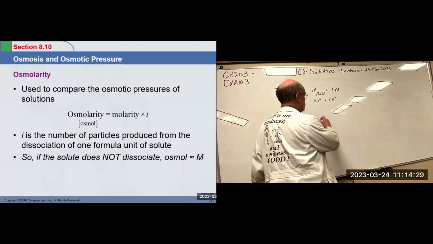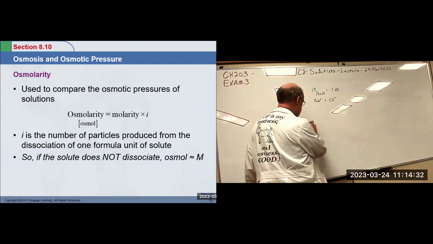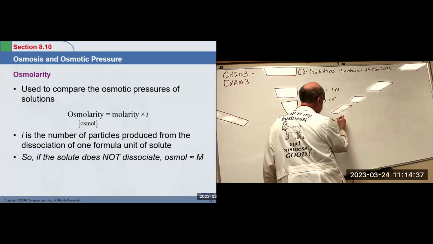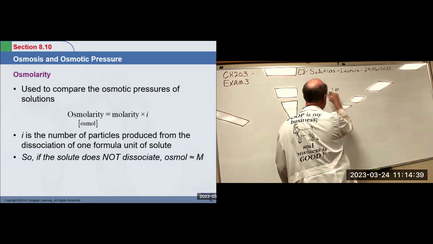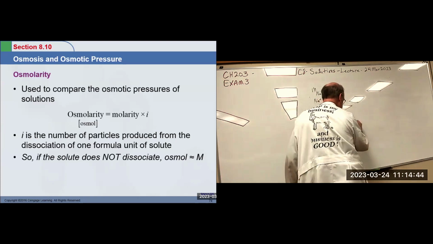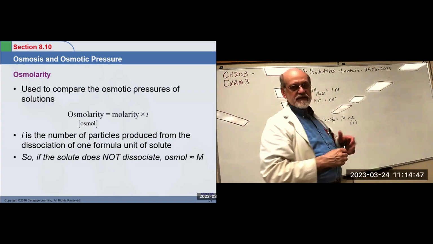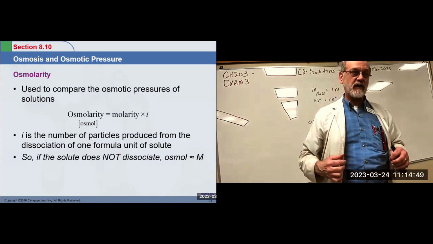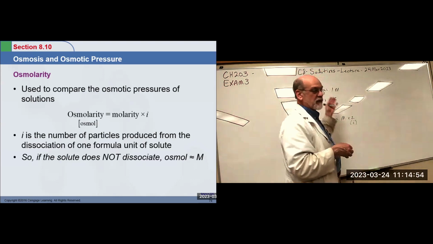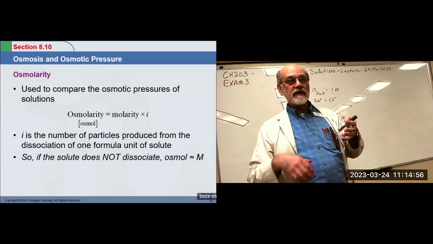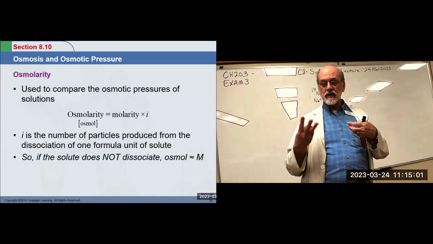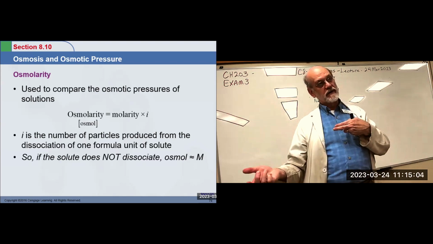So that means you double. So osmolarity, and this doesn't have an abbreviation, osmolarity equals molarity, in this case, times 2. That's what this is, the little i. That's the Van't Hoff correction factor. And basically all you need to know is, how does this break apart? If it's calcium chloride, CaCl2, the correction factor i would be 3, because you're producing 3 ions for every 1 molecule.